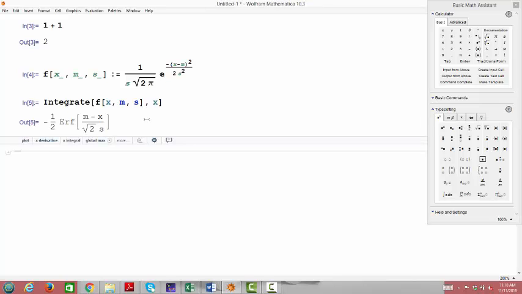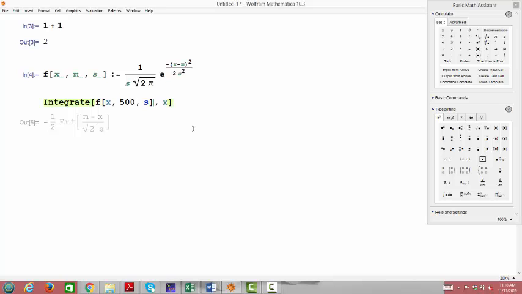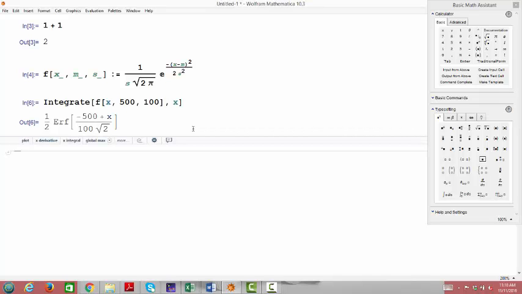So I can ask Mathematica, but it just gives me this crazy nonsense. And maybe I could say, okay, Mathematica, I'd like to know the integral of that when m is equal to 500 and s is equal to 100, then just integrate that function. And it looks just as bad.